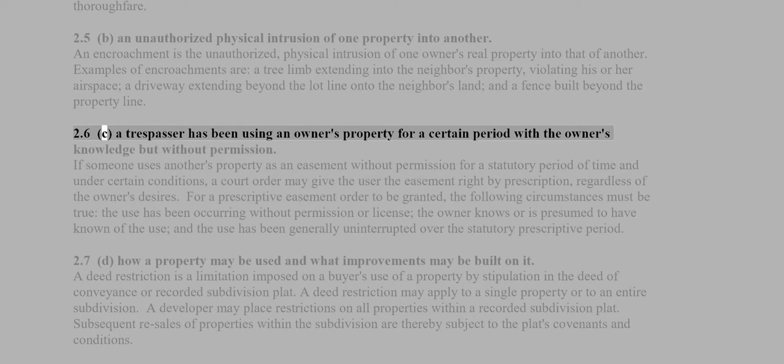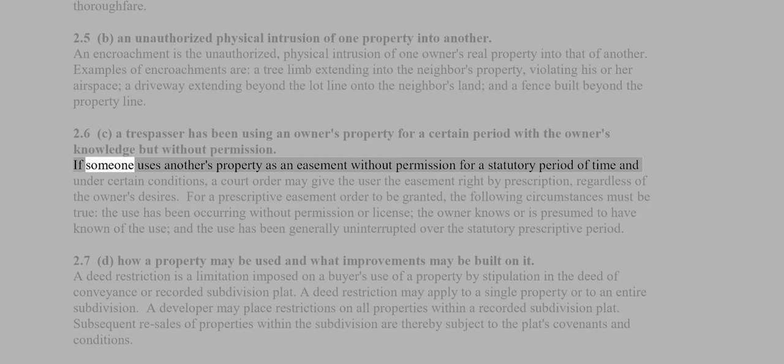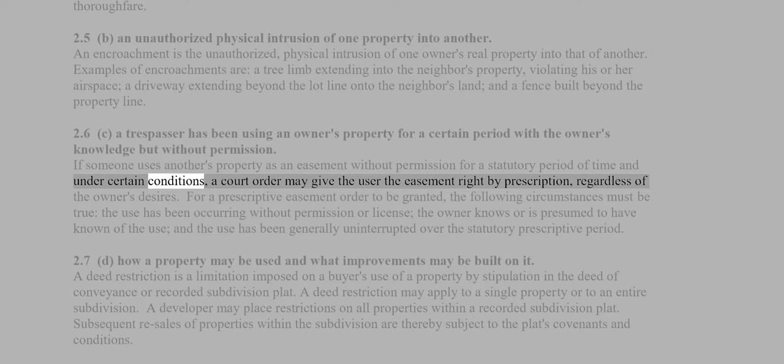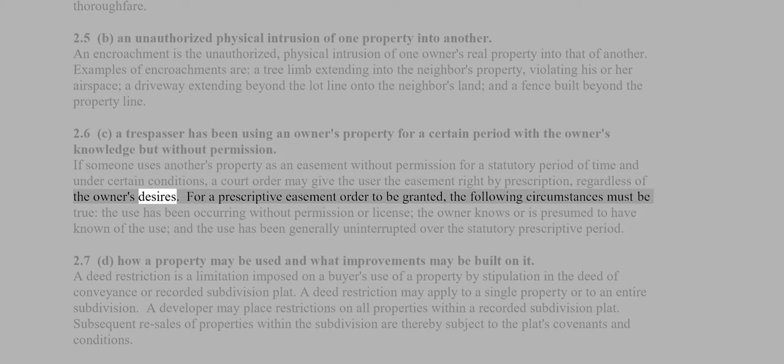2.6 C. A trespasser has been using an owner's property for a certain period with the owner's knowledge but without permission. If someone uses another's property as an easement without permission for a statutory period of time and under certain conditions, a court order may give the user the easement right by prescription, regardless of the owner's desires.